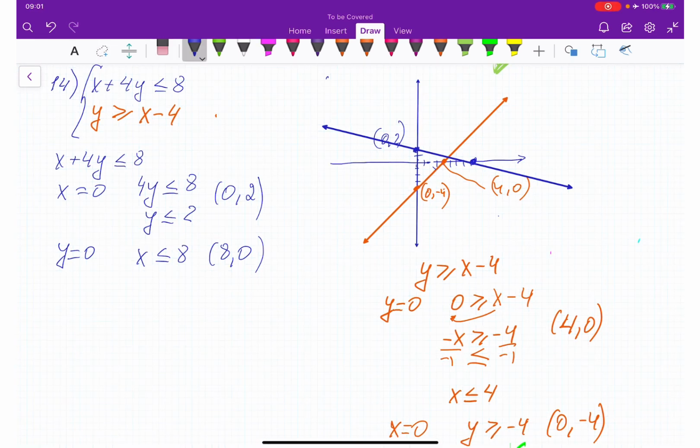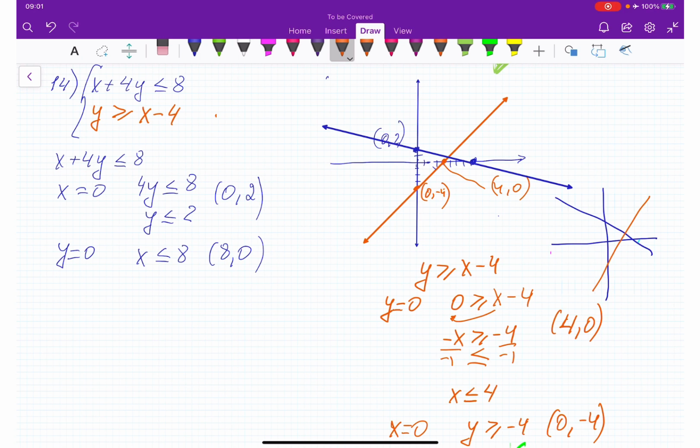And now we are going to do shading. So let me do some drafting here. So this is the blue color one. This is this one. It's supposed to go this way. Okay. So let's see what we are going to do.